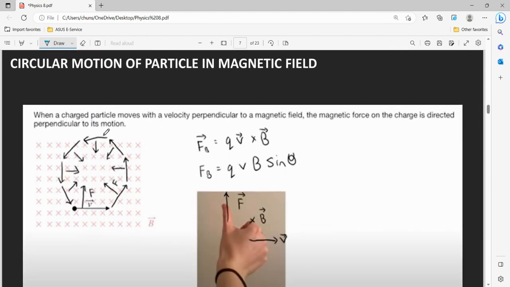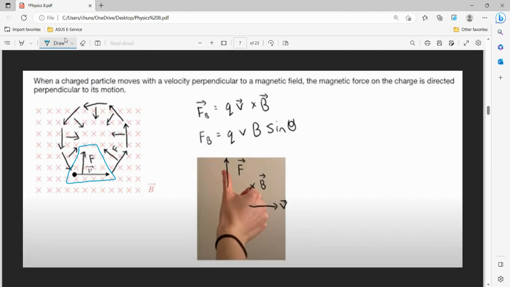All right, moving on, we're going to talk about circular motion of a particle in a magnetic field. So if we were just to isolate this motion here, in this diagram here explains it better, where we start with our fingers pointed in the direction of the velocity, and we curl our fingers into the page for our magnetic field lines, we see that our force points up.